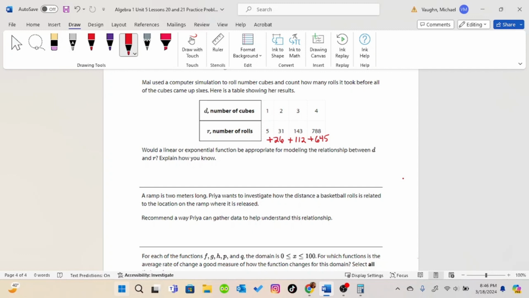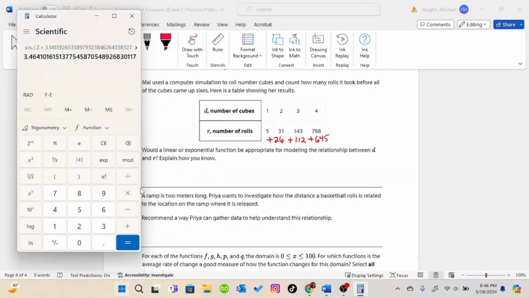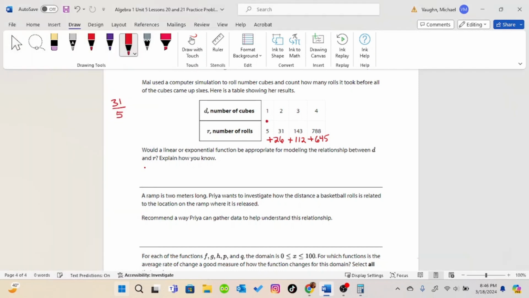Next, we can see what our factor is. You take the second y value, such as 31, and divide it by the first y value, 5. 31 divided by 5 equals 6.2. So we would say we multiplied by 6.2.